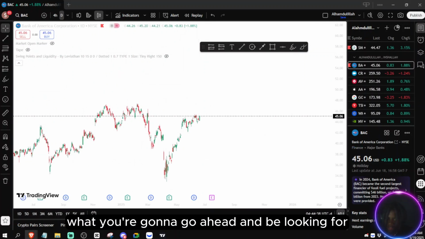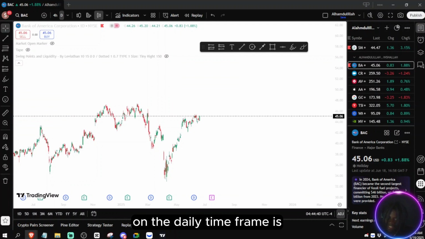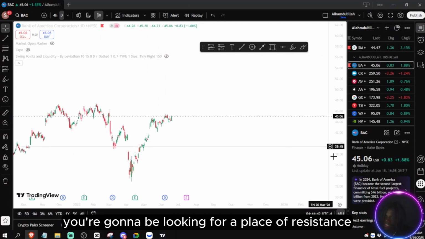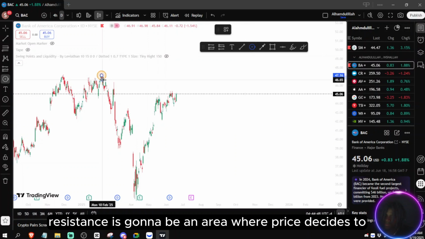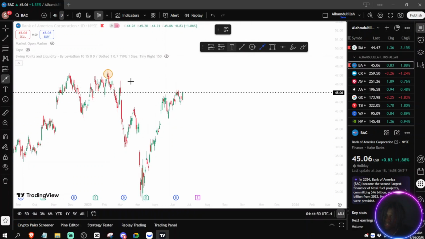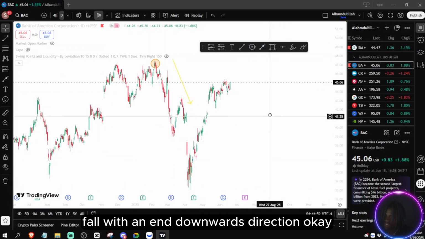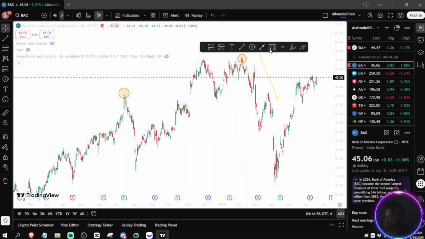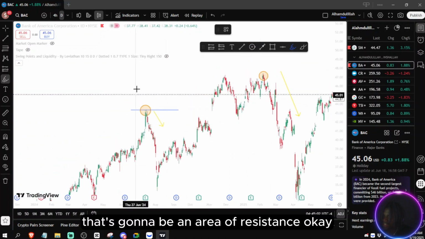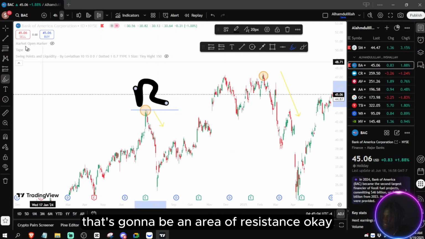What you're going to be looking for on the daily time frame is a place of resistance. Resistance is an area where price decides to fall in a downwards direction. Whenever you see market just top out and then fall downward, that's an area of resistance.